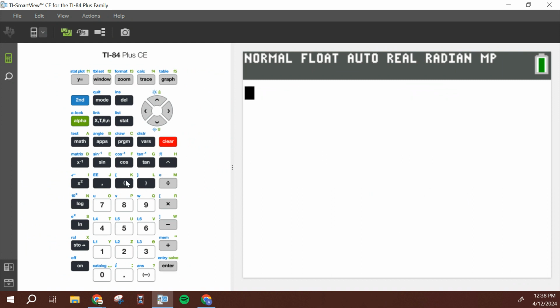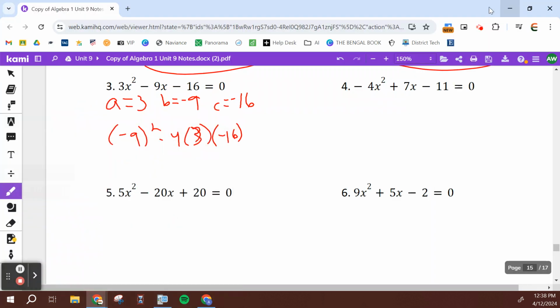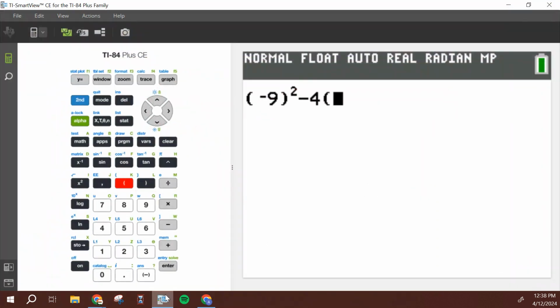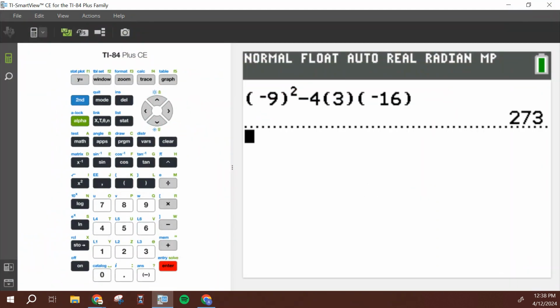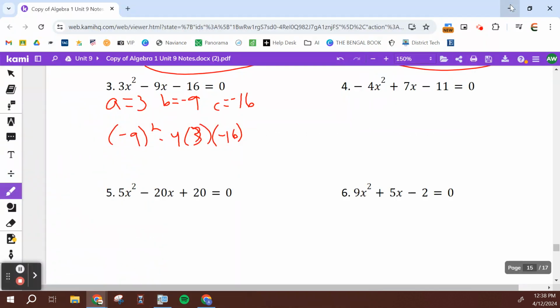There we go. Negative 9 squared minus 4 times 3 and negative 16. All right, we get 273. So we don't have to worry about like, oh man, do I have to simplify that right now? No. All we need to know is we have 2 real roots. So if I did solve it, I should get 2 answers with it. The plus or minus, maybe you have to split the plus or minus. It just depends on the problem.